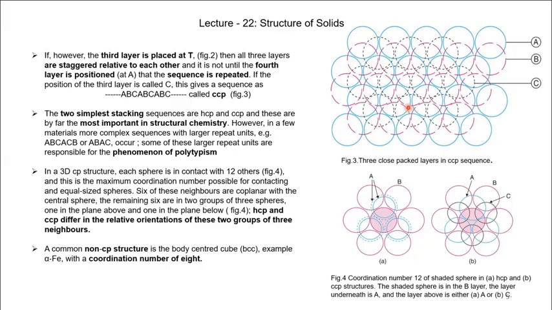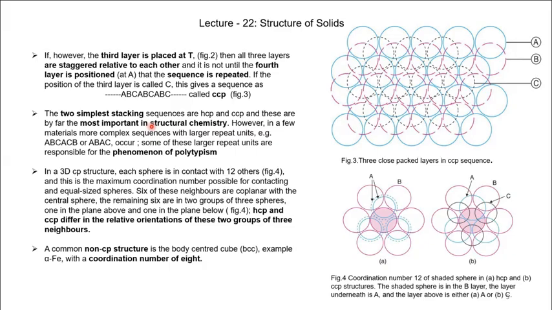One is AB, AB, AB, which is hexagonal, and another is ABC, ABC, ABC, which is cubic close packing. We'll come to it in later slides, why we call it cubic close packing and hexagonal close packing. We'll see that symmetry elements come into the picture, and therefore we call this hexagonal and cubic close packing.